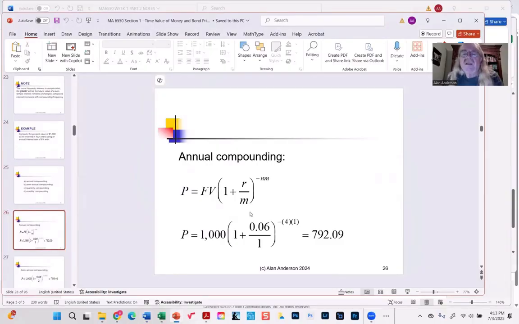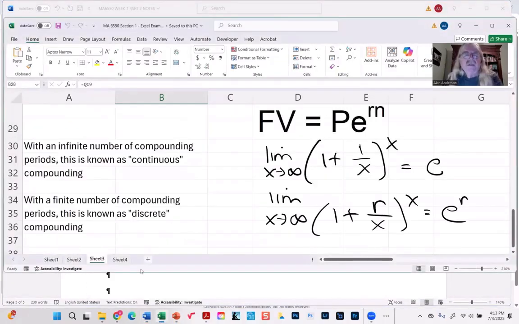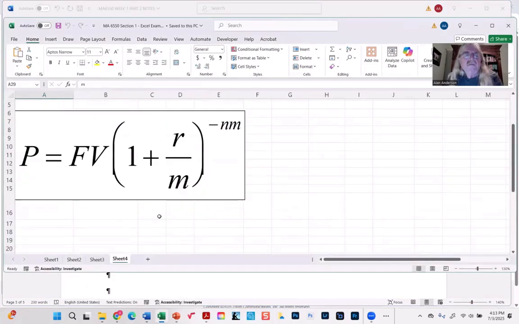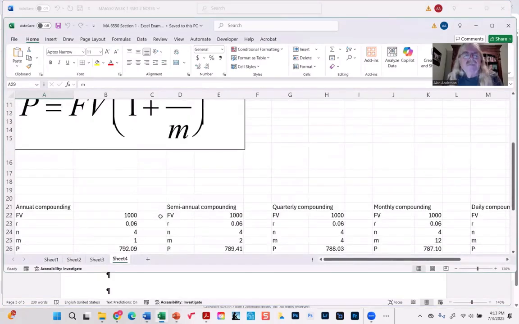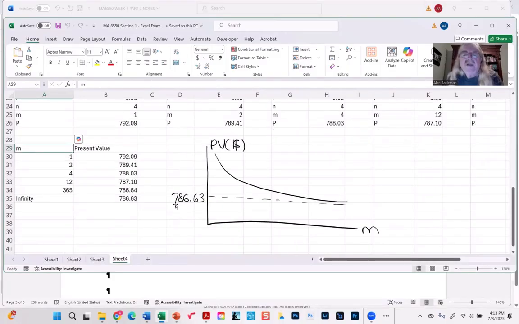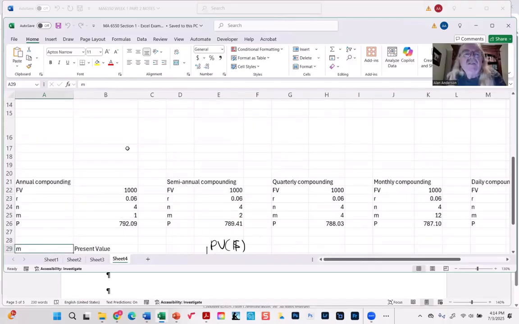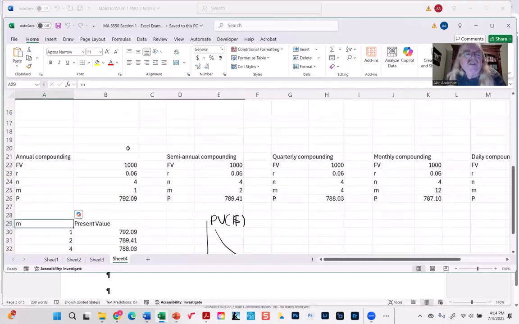Now, what I'd like to point out here is that as we continue to increase the compounding frequency, the present value will actually go down. Here we have a situation where the future value is $1,000 and the interest rate is 6% on an annual basis. You can see we have all these calculations for different compounding frequencies.